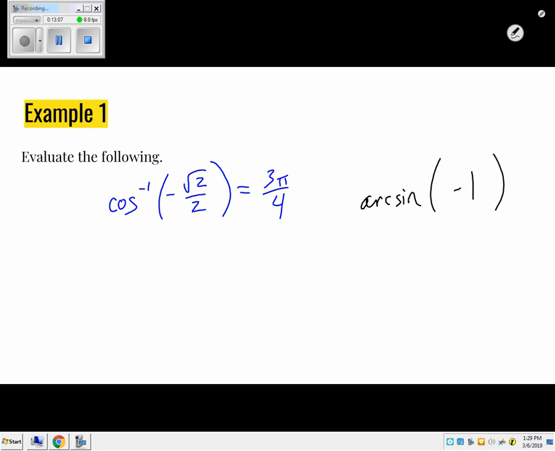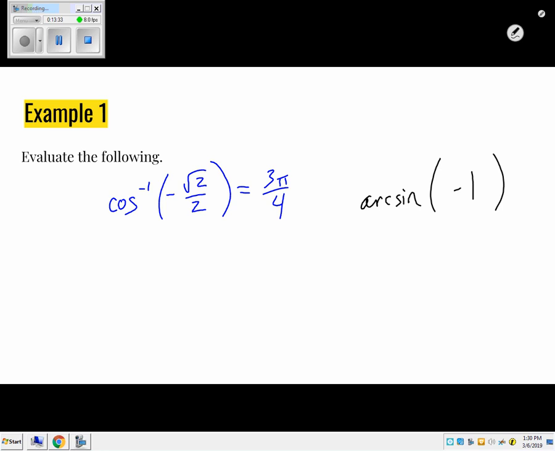Come back to 0. If I'm getting anything that's negative from sine, I'm going to get it from this 4th quadrant down here, right? Go all the way around to 0, then pi over 2. Anything that's positive is going to come out of that first quadrant on my unit circle. Yes? Okay.